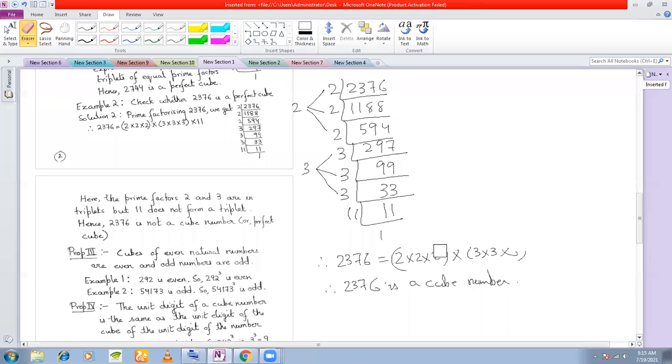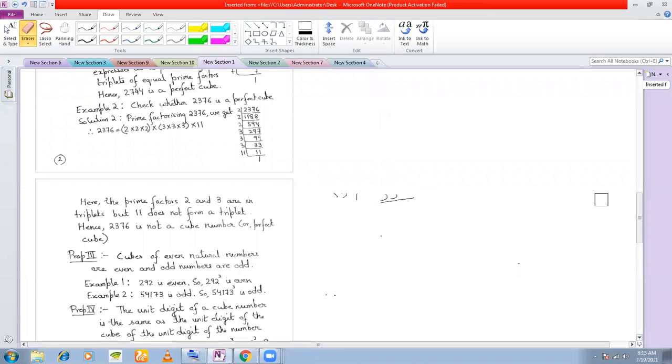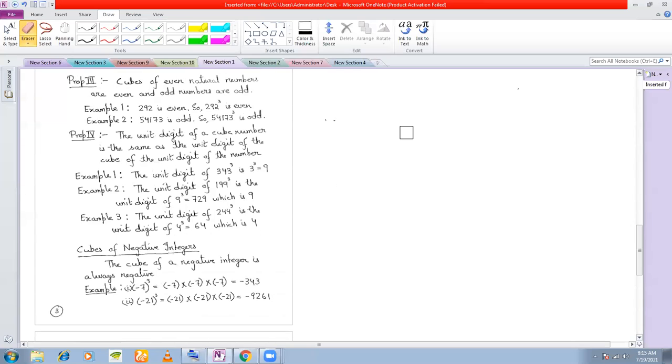Moving to the next property. Property number 3: cubes of even natural numbers are even, and cubes of odd natural numbers are odd. Just like in case of squares, where squares of even numbers are even and squares of odd numbers are odd, similarly you have for cubes.